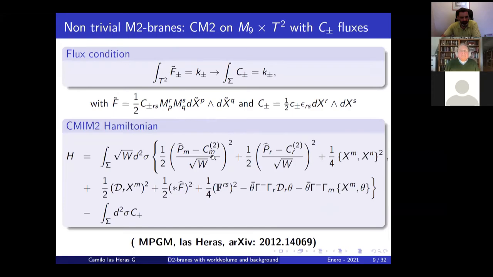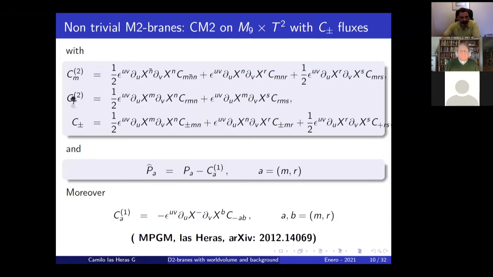In this case that I'm showing here, C_M and C_R are given by this expression, C plus-minus are given by this, M and N are indices that run over the transverse directions, and R runs over the compact directions. In the last Hamiltonian, you saw a momentum that has a little hat.